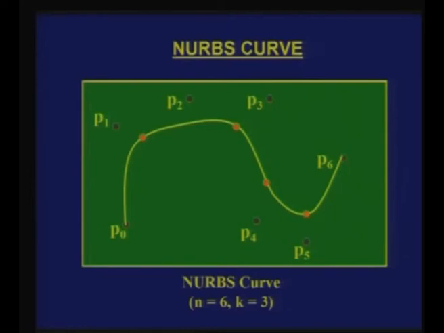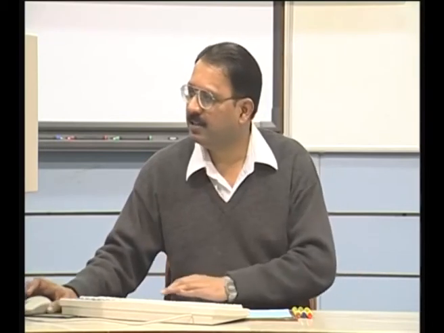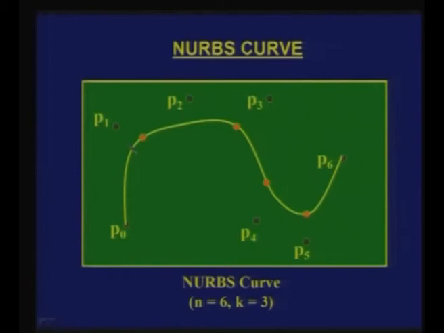Suppose, instead of giving a weightage of 1 to the second control point, I give a weightage of 100, then the curve will be pulled more towards that particular point. The curve, instead of being away from this, will be passing through a point which is very close to this particular point. If I give a weightage of infinity, the curve must pass through that particular point too. It can be made to do that.